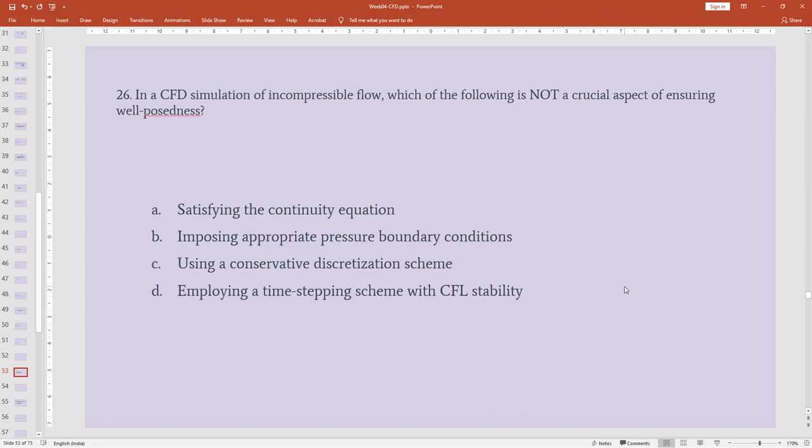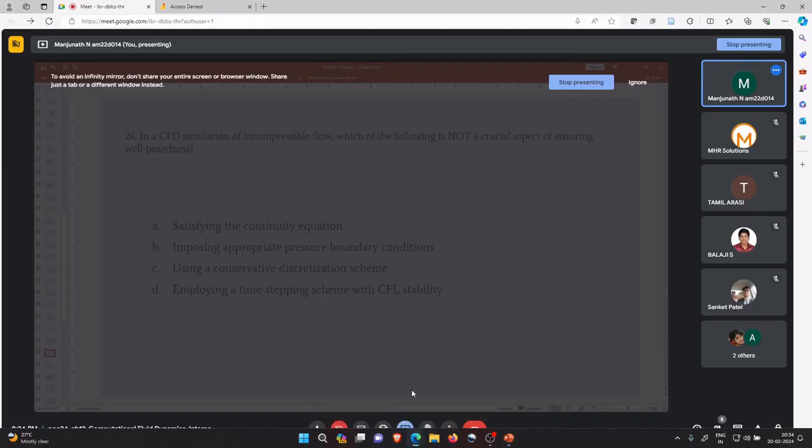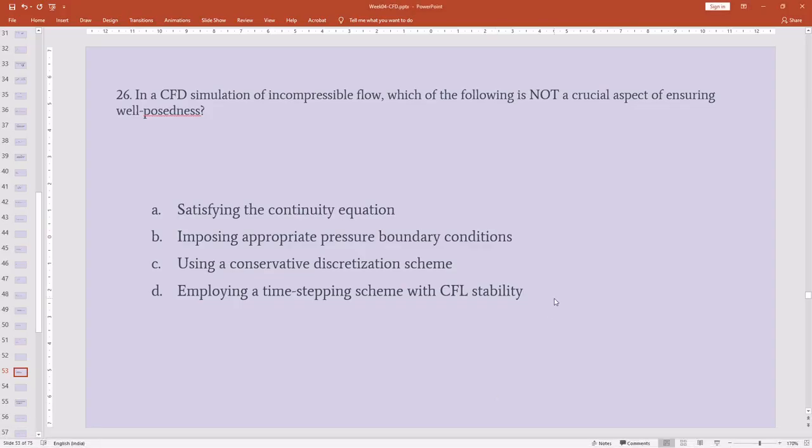Okay, next question. In a CFD simulation of an incompressible flow, which of the following is not a crucial aspect of ensuring well-posedness?